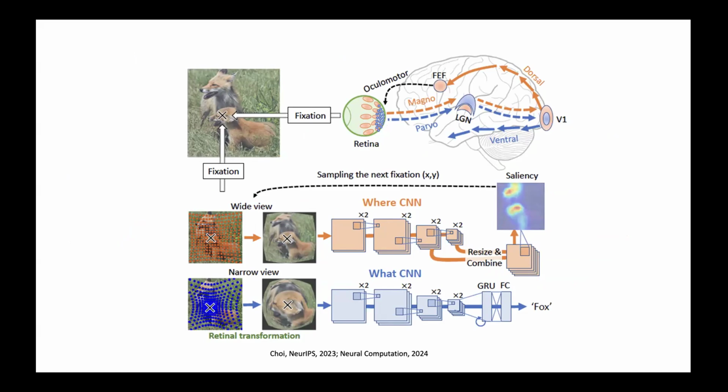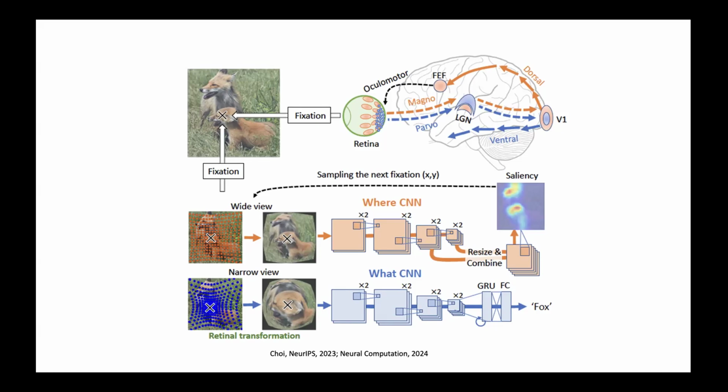And then that information is passed to the what pathway, because then the what CNN will need to look at a small narrow view around the fixation, zoom in to that local area and then sample the visual information.